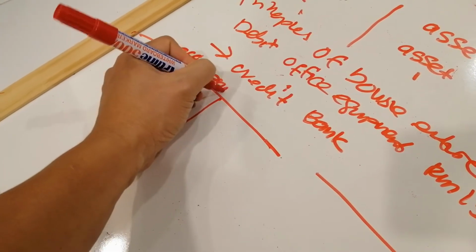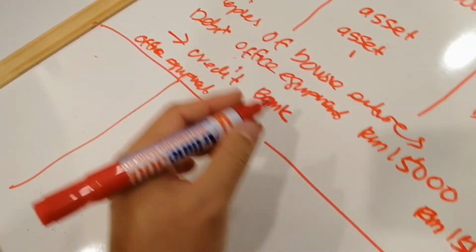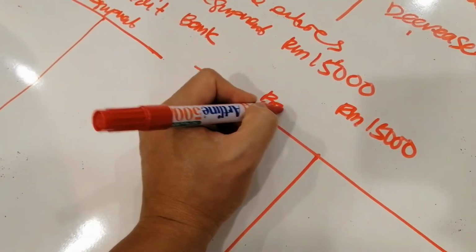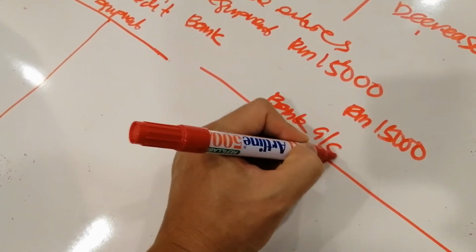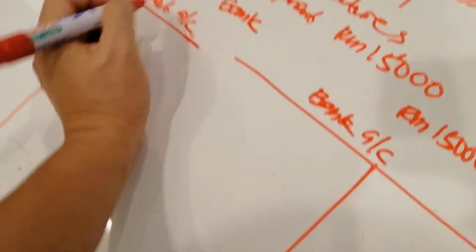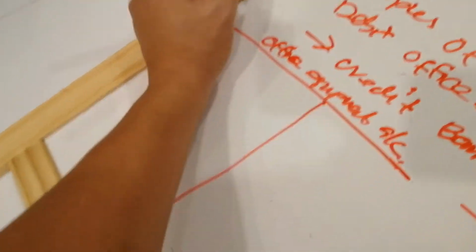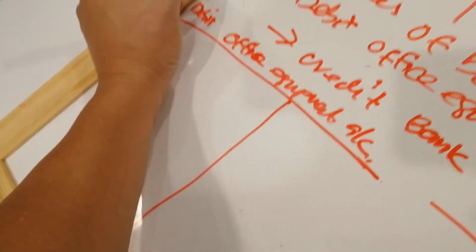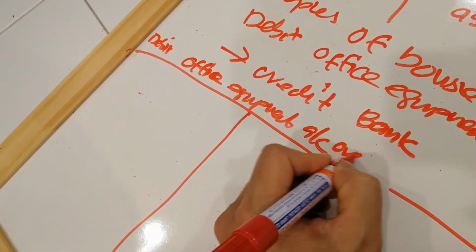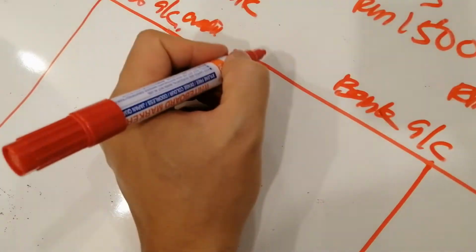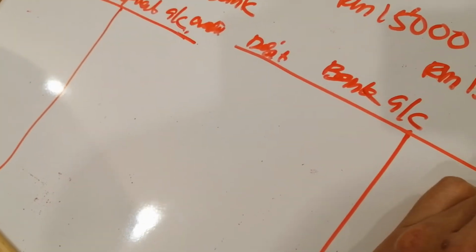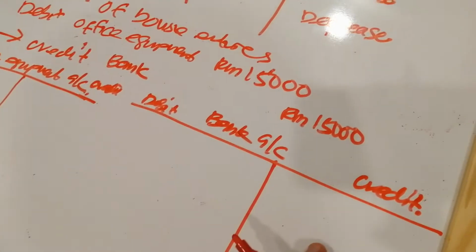Office equipment. Then here is the bank account. For beginners, I told you already, you put here debit, credit, for your reference. Debit, credit, for reference.